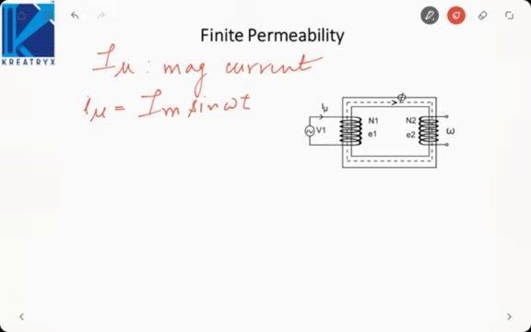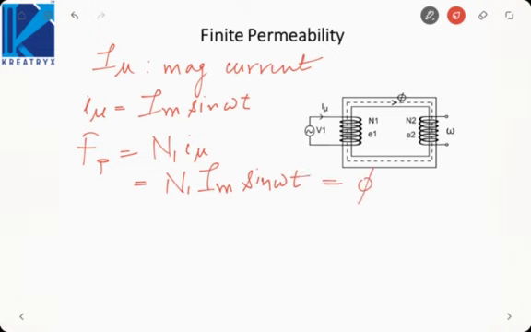So we can find the MMF for the primary winding as N1 into I mu, which is N1 Im sin omega t, or we can call it Fm sin omega t. Fm is the maximum value of MMF inside the core.